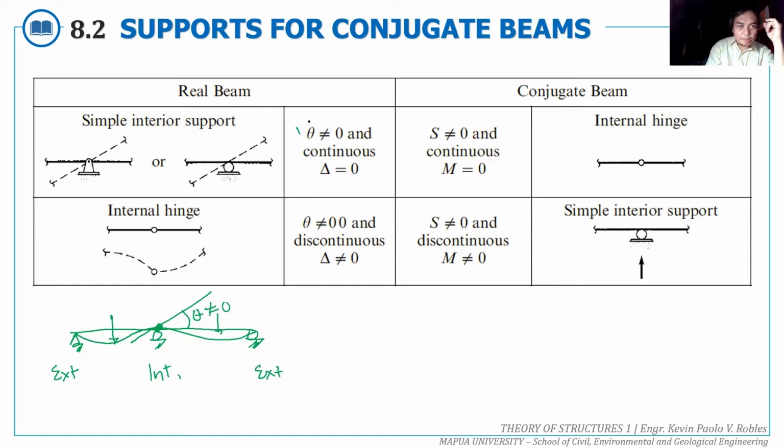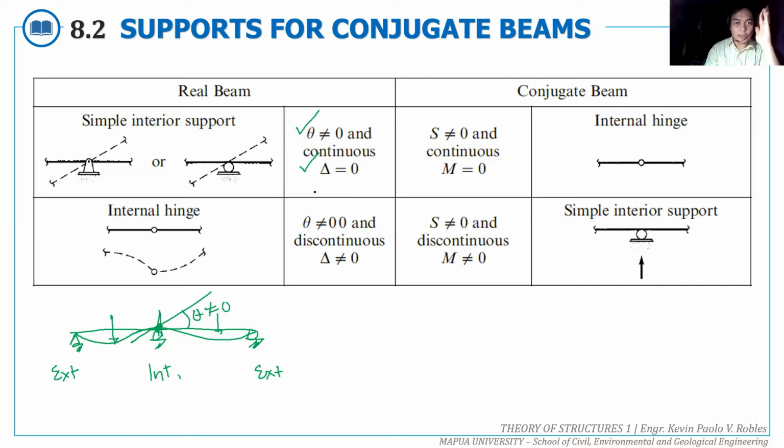Ito yon. Okay? At the same time, diba, when we cut the section at this interior support, when we cut the member at the interior support, diba may moment na lumalabas doon? Axial, shear, tsaka moment. Okay? So at the same time, pagdating doon sa deflection, diba since this is an interior support, alam naman natin that the deflection there would be equal to 0.